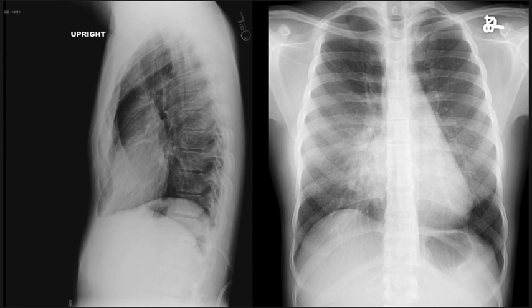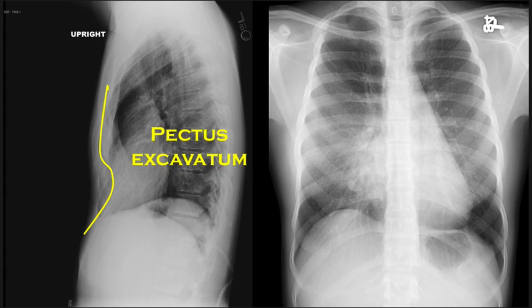And the thing you're going to look for specifically is the sternum. Look at that. That's not a normal contour for the sternum. This is one of those sternal deformities that I mentioned sort of in passing, and this is the one that's caved in, the excavatum. A depressed sternum can actually produce loss of the right heart border, and it's a known mimic for right middle lobe pneumonia.